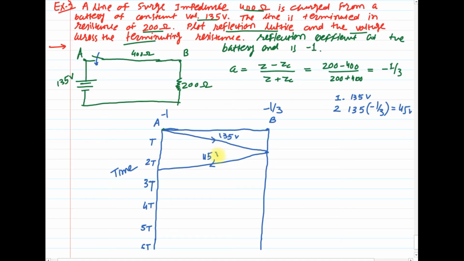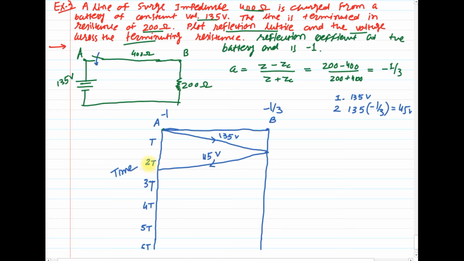So now at the first instant, the magnitude of the traveling wave is 135, and after reaching the end of the transmission line, after reflection, and multiplying with this reflection coefficient, it will be 45 volt. Clear?